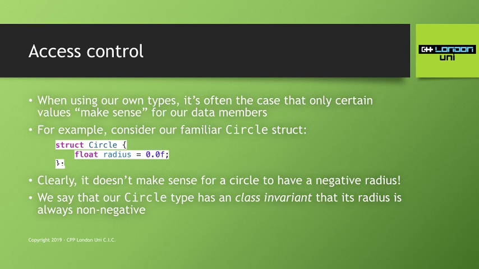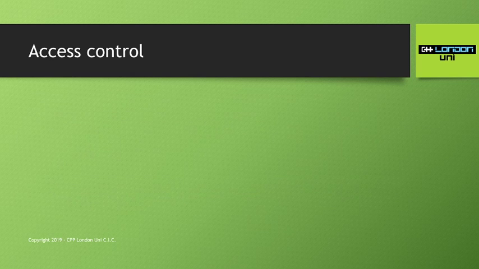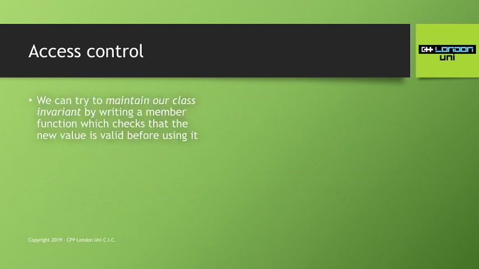It's an invariant rule. So how can we enforce this? How can we check for errors and make sure nobody's doing something silly, like setting the radius to -12?